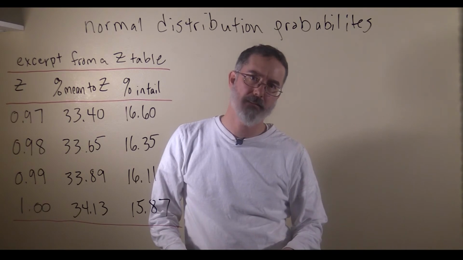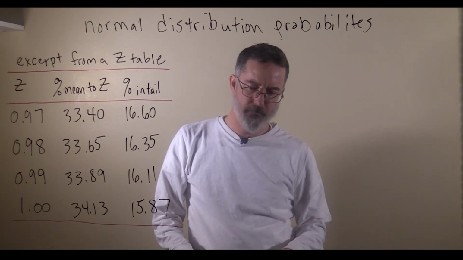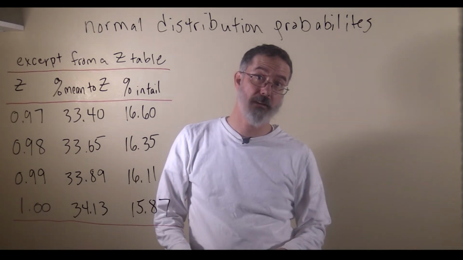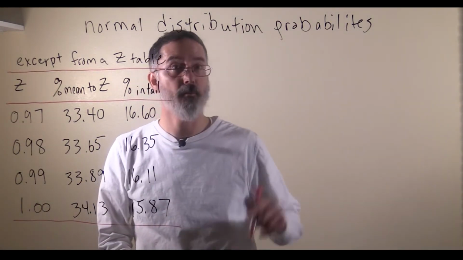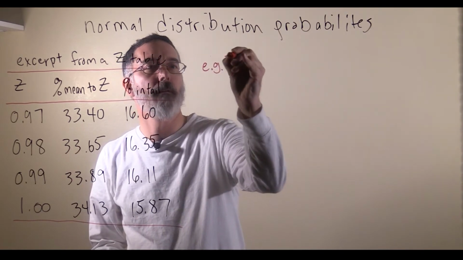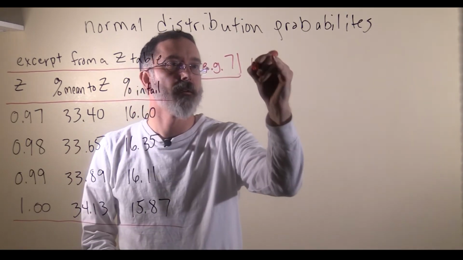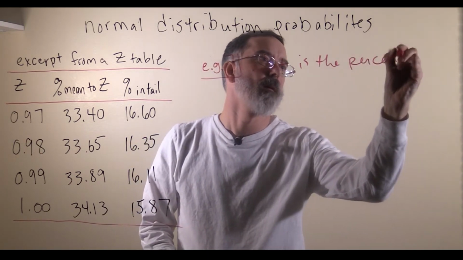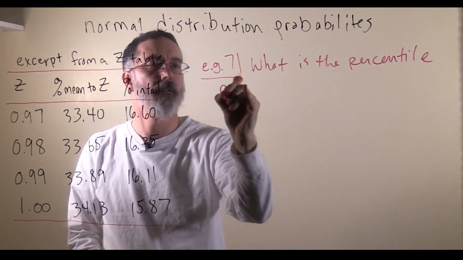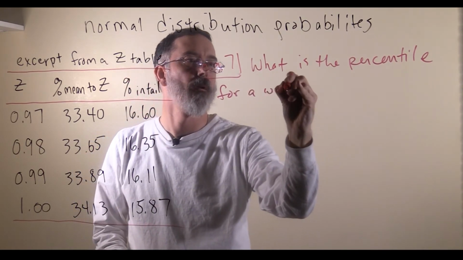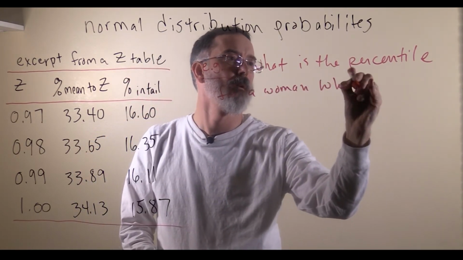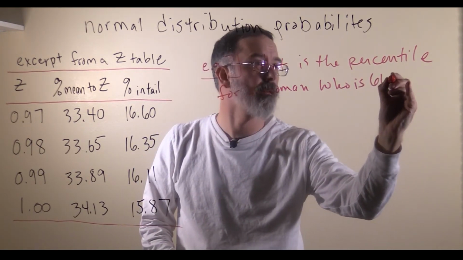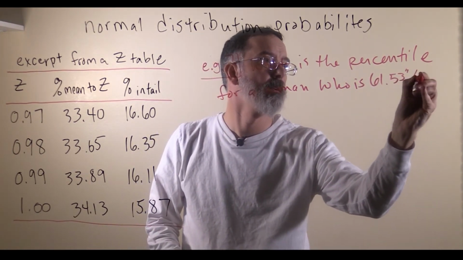Okay, so for the last example problem, we're going to start with a raw score and have to turn that into a percentile. So there'll be a few steps involved for this kind of problem. So here we want: what is the percentile for a woman who is 61.53 inches tall?